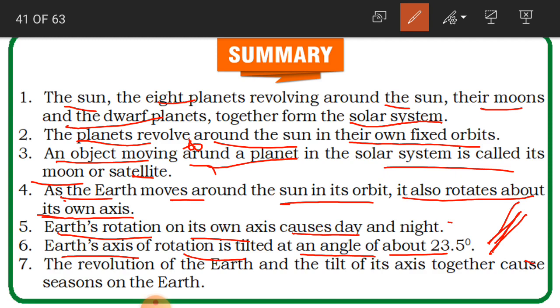Okay, children, and the revolution of the earth and the tilt of its axis together cause seasons on the earth. So both revolution and the tilt of the earth's axis together cause the seasons of the earth, which we call summer, winter, spring and autumn. Clear, children? So this is what the lesson is.